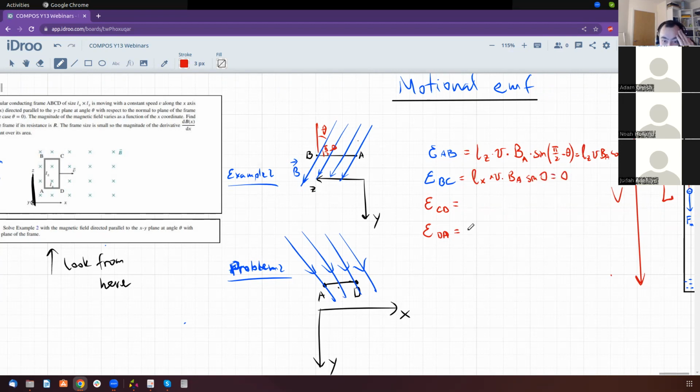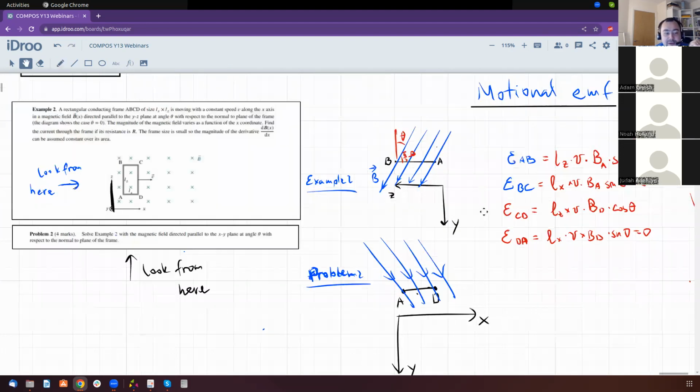And similar for DA, it's going to be LX times V times BD times sine 0, so that's 0. And the CD is LZ, the length of the longer side of the rod, times V, times B at point D. So these are different, times cos theta, similarly, cos theta.